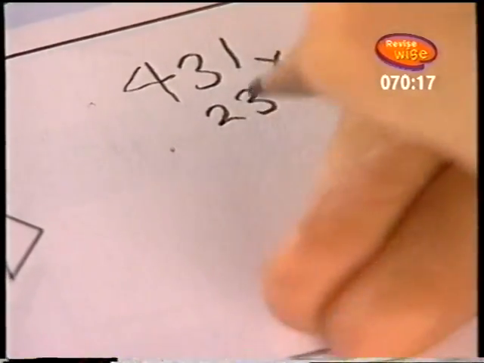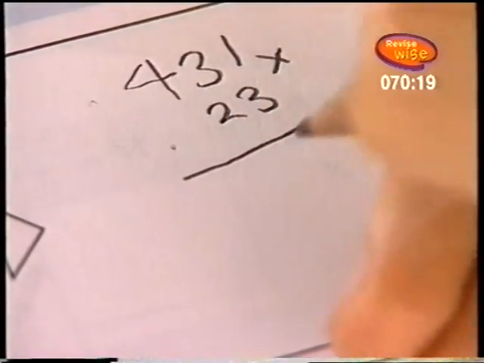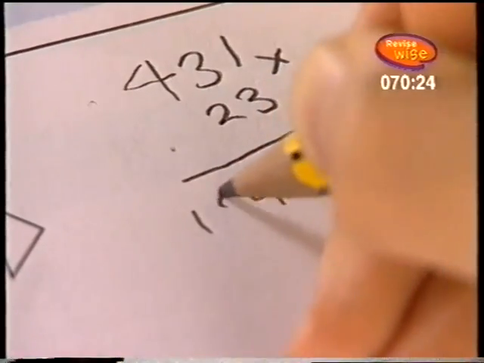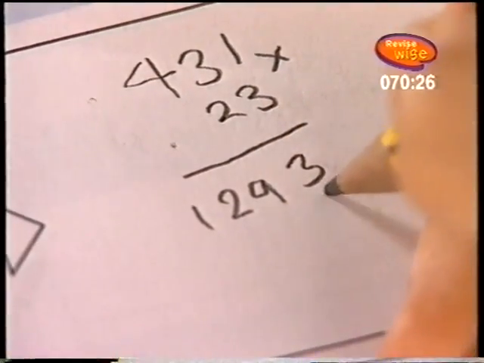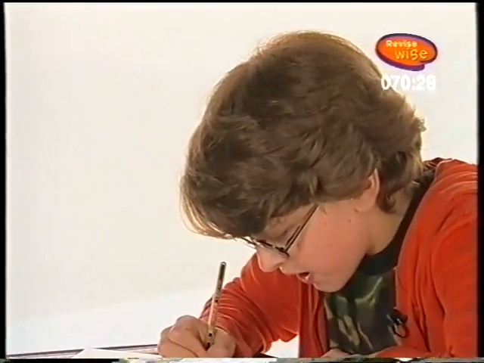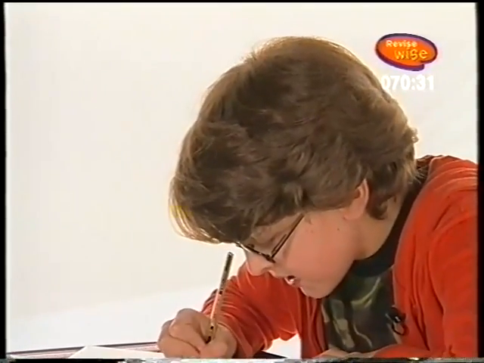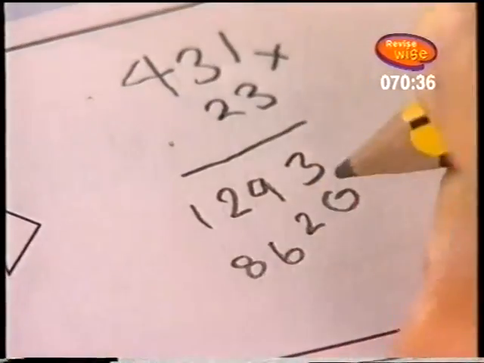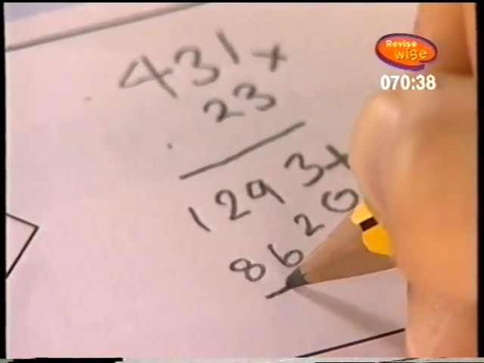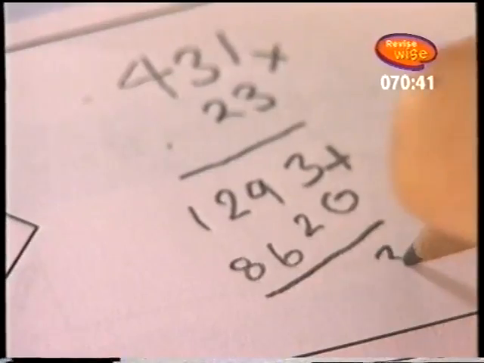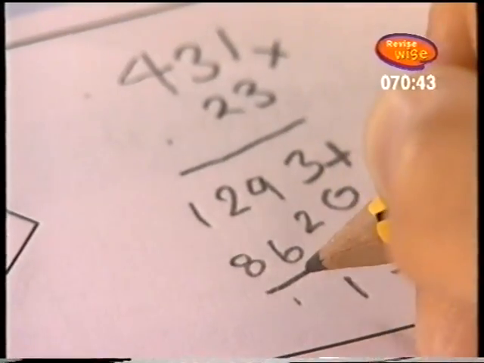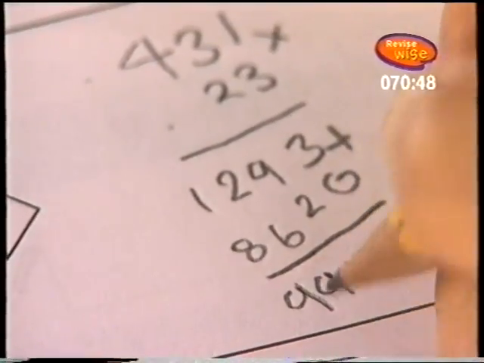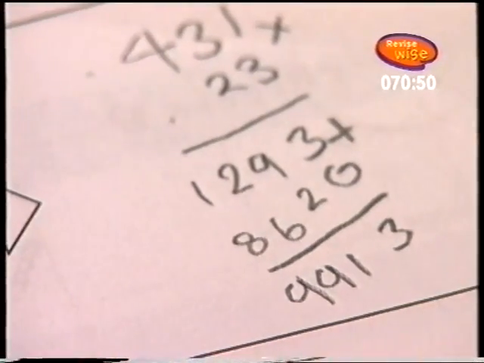431 times 3 is 1,293. 431 times 20 is 8,620, and you add them up to get 9,913.